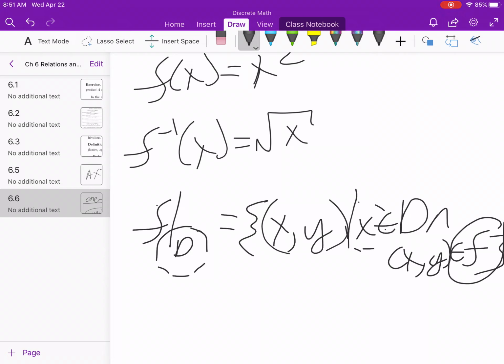Because 2, 4 meets both of the conditions here, but negative 2, 4 fails the first condition of x being in my restricted domain D.